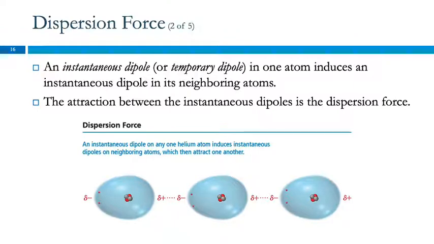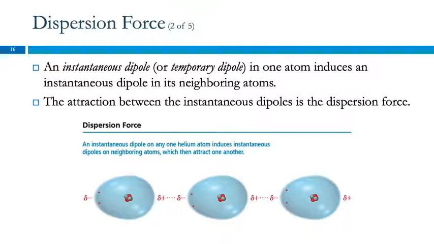And so you can have this kind of chain reaction of induced dipoles. There's an attraction between the positive and negative charge. So this one gets lopsided and causes this one to get lopsided, and they're attracted, and then this one quits being lopsided, and then that one's like, oh, well, I'm not attracted to you anymore, and it quits too. And so these attractions come and go and come and go.